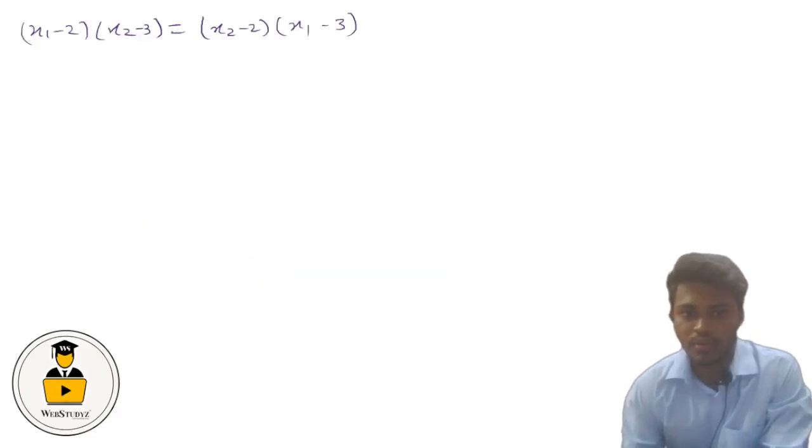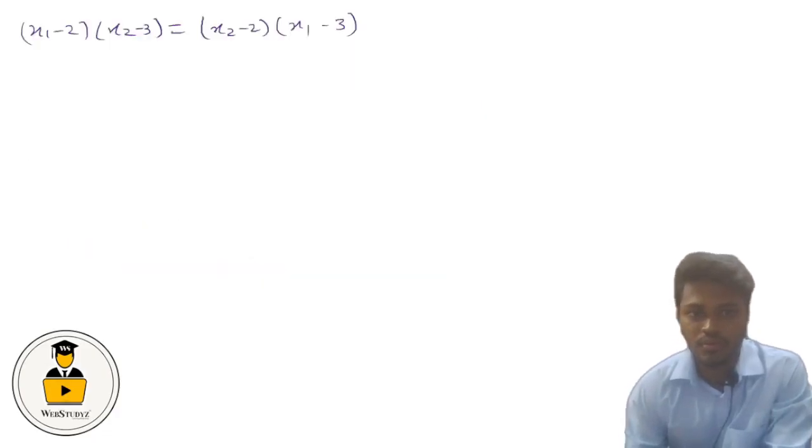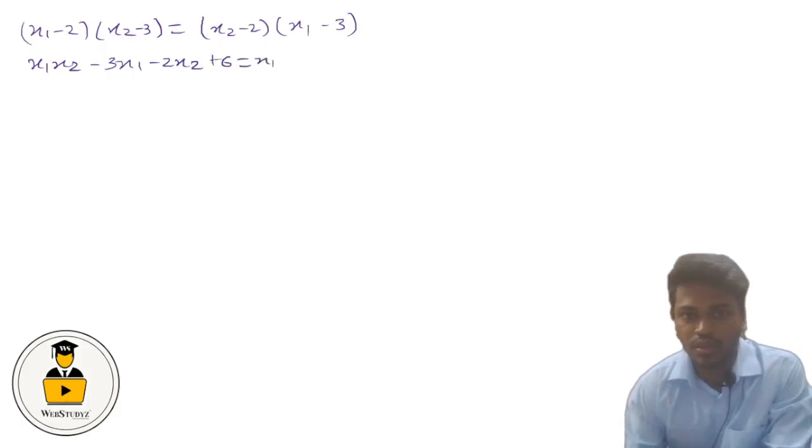If we multiply this, we get x1 x2 minus 3x1 minus 2x2 plus 6 equals x1 x2 minus 3x2 minus 2x1 plus 6.